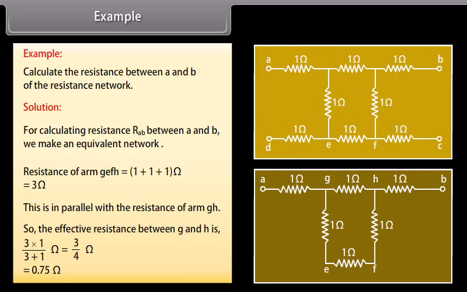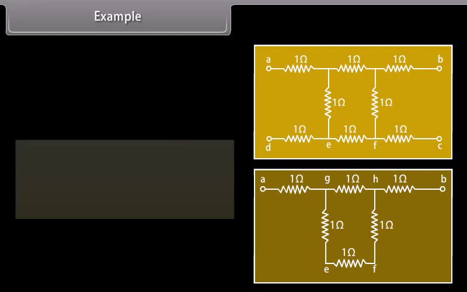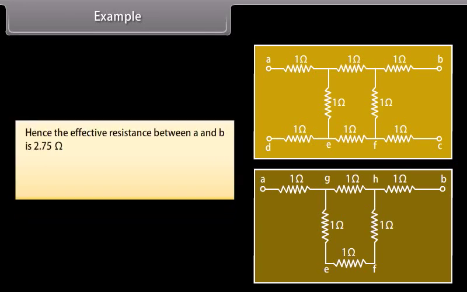So, the effective resistance between G and H is equal to 0.75 ohm. Hence, the effective resistance between A and B is 2.75 ohm. Now, RAB = 1 + 0.75 + 1 = 2.75 ohm.